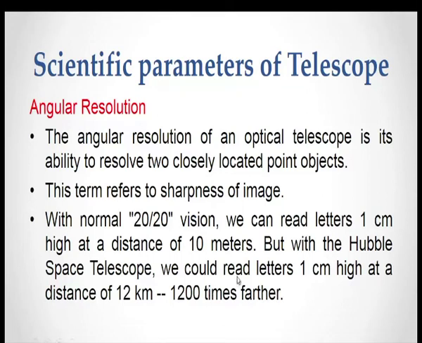For example, with normal 20/20 vision, the human eye can read letters 1 centimeter high at a distance of 10 meters. That is the normal human eye angular resolution. With the Hubble Space Telescope, we could read the same size letter, that is a 1 centimeter high letter, at a distance of 12 kilometers.